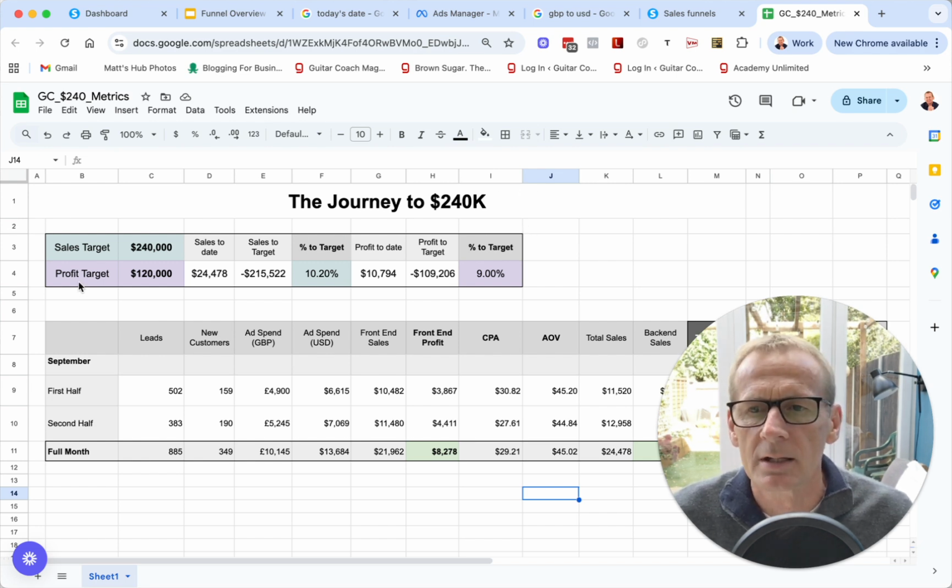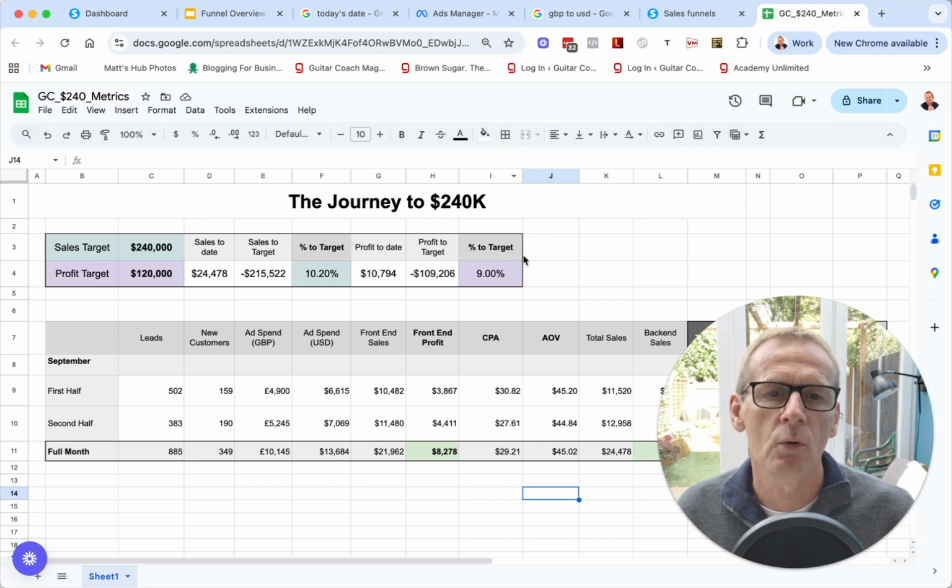The first part will change as we go through the months, and will probably get updated every 2 weeks, but more importantly once a month. This is the bigger picture of where we are: what is our sales target, what is our profit target, what are our current sales to date, how far have we still got to go to hit that target, what percentage of the journey are we along, what profit we've made to date, and what is our target.